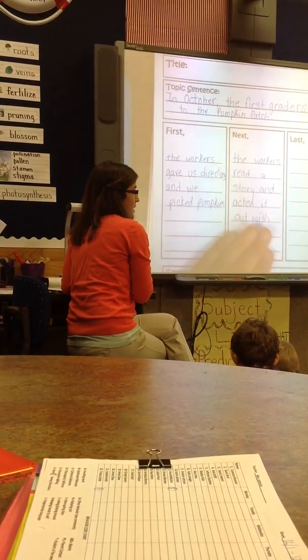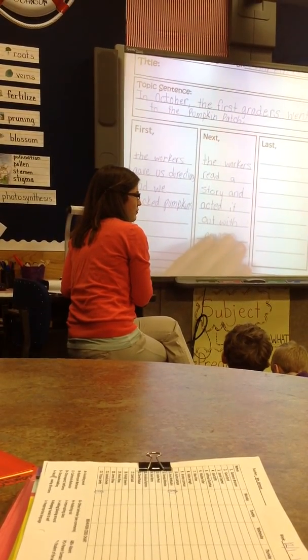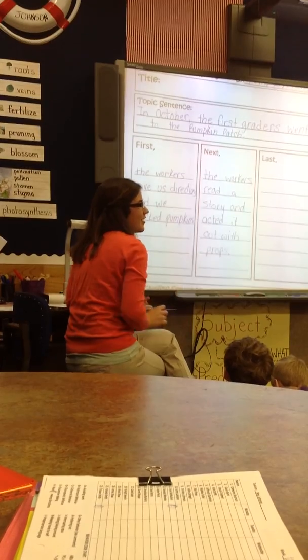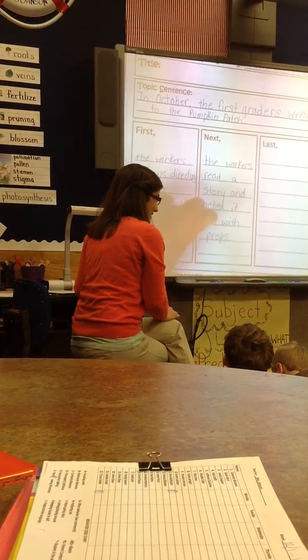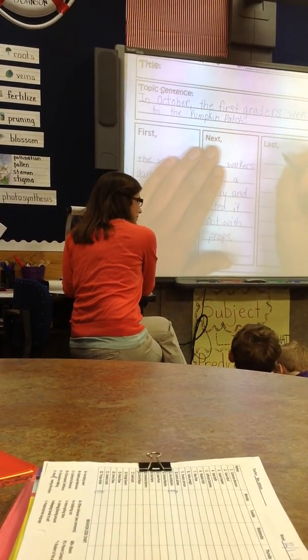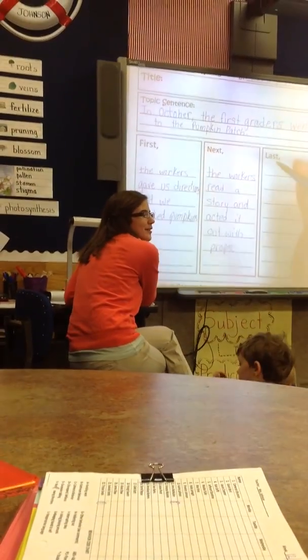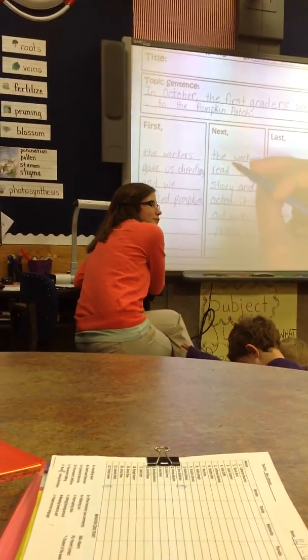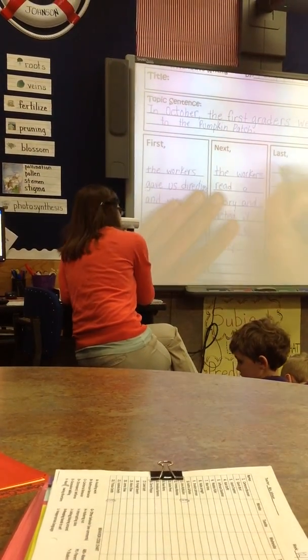They gave us something. Oh, I think that was at the library. Madison, what's the name of the library? Oh, no, not about the library. We're talking about the pumpkin patch. What did they give us before we got ready to leave, Izzy? A cookie. They gave us a cookie treat.